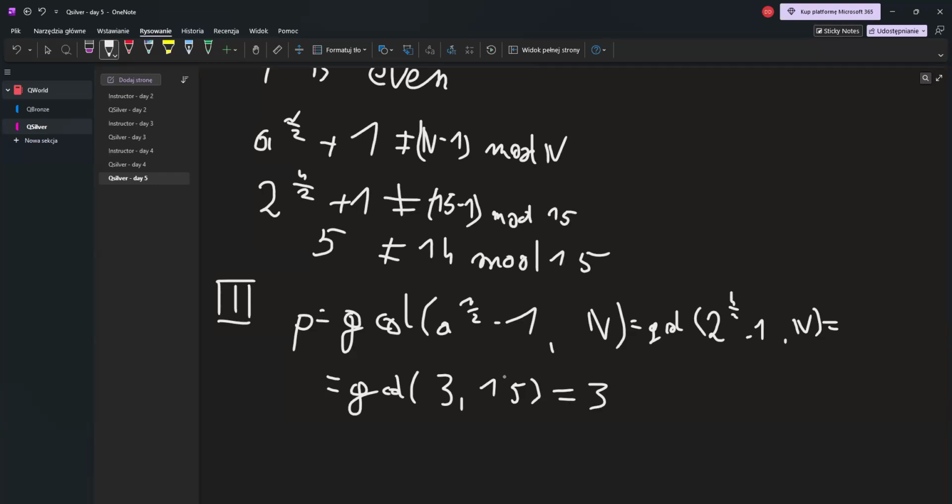Because the greatest common divisor of 3 and 15 is equal to 3.